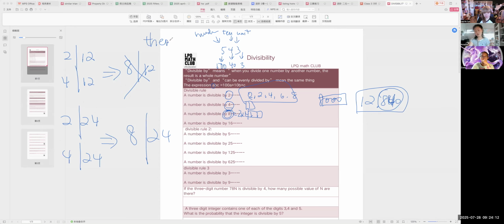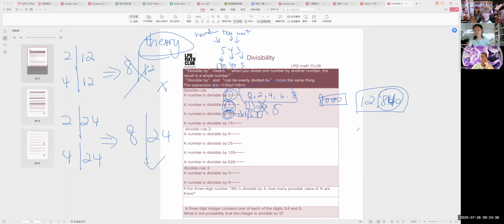Theory means under every circumstance, it has to be right. Clear? Amelia and Zoe? So if you find some examples that are right, some examples that are wrong, that means the statement is wrong. So a number could be divisible by 2 and could be divisible by 4, but saying it is divisible by 8 is wrong.